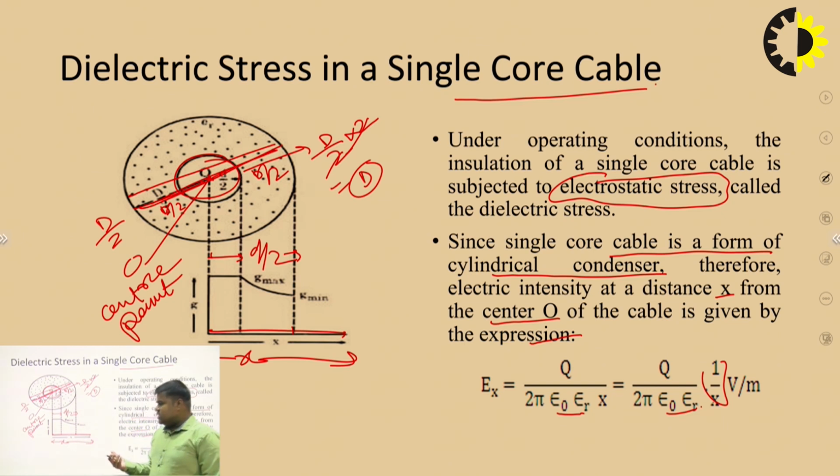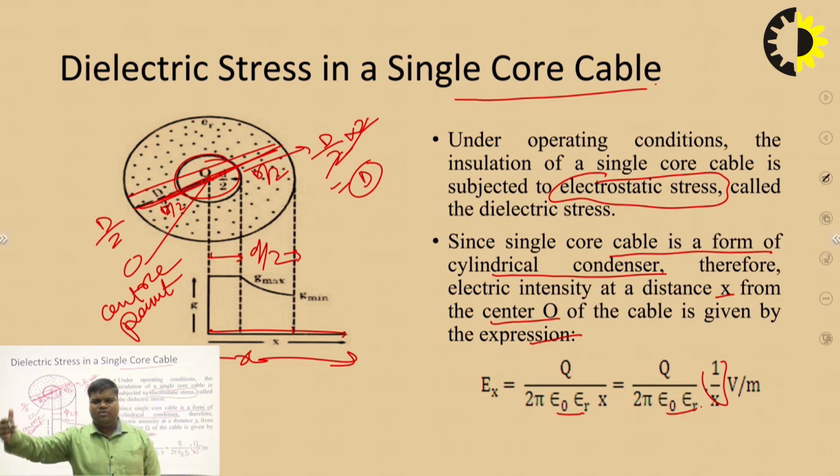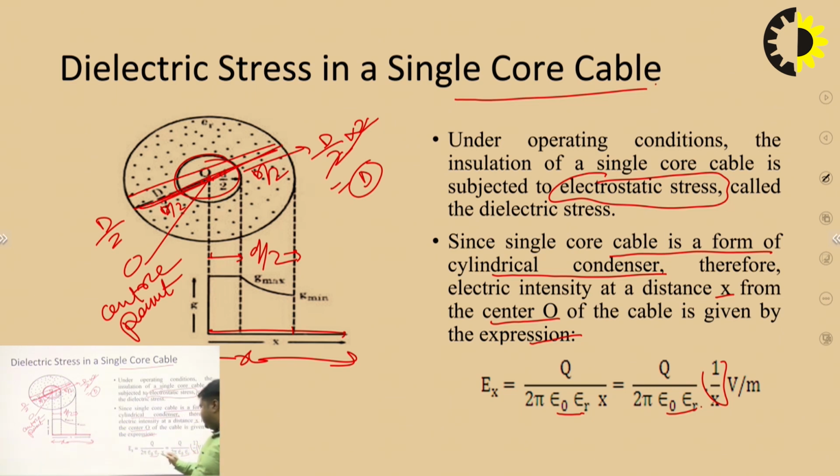We will have to calculate the dielectric stress for a single core cable at a distance of 5 meter, 6 meter, 3 meter, depending upon the application. So the formula is Ex equal to Q by 2 pi epsilon naught epsilon r into 1 by x volt per meter.